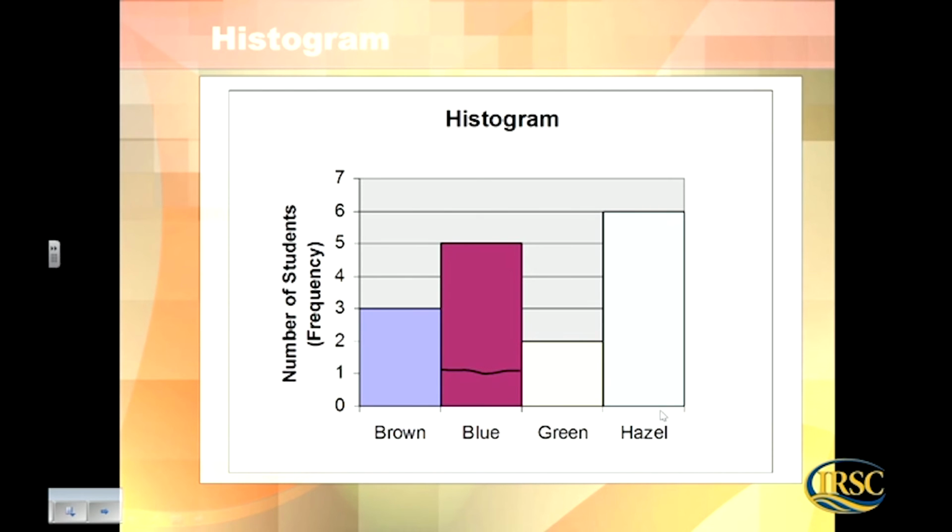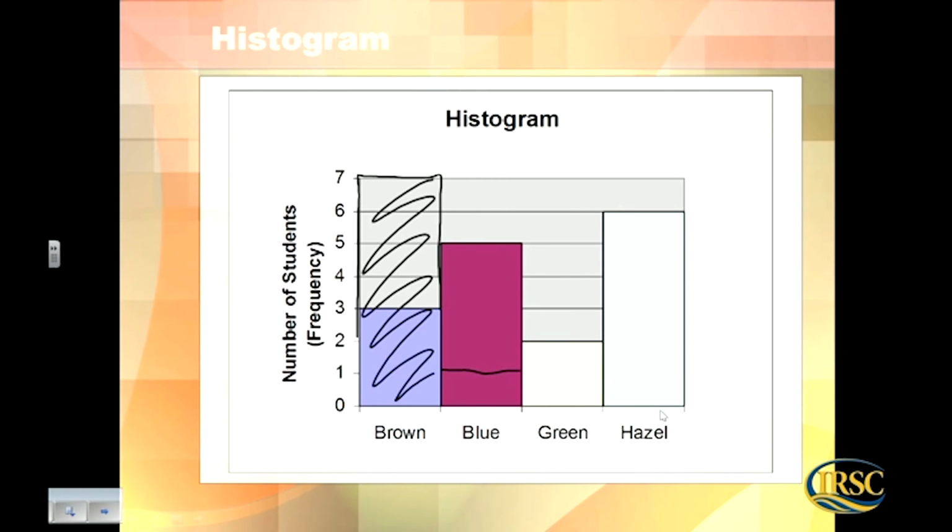And then this brown column would have gone all the way up to the top. Okay, so there's the difference in our histogram for our specific class. Again, you're going to be asked to identify the correct histogram for the data that you have.